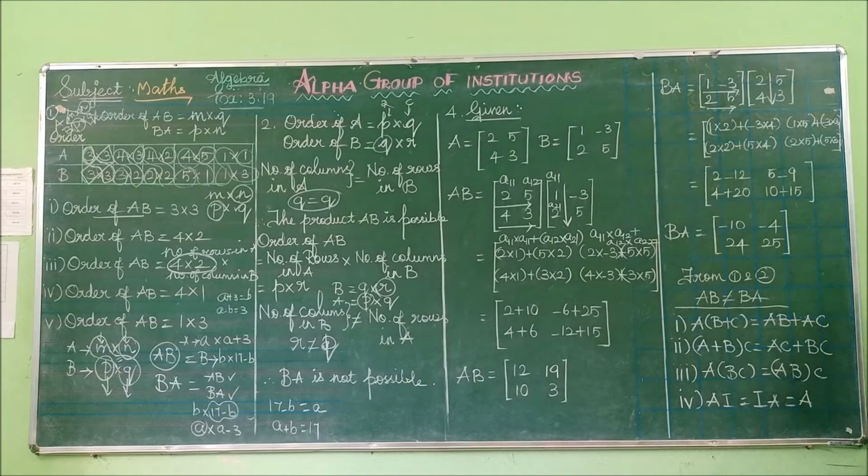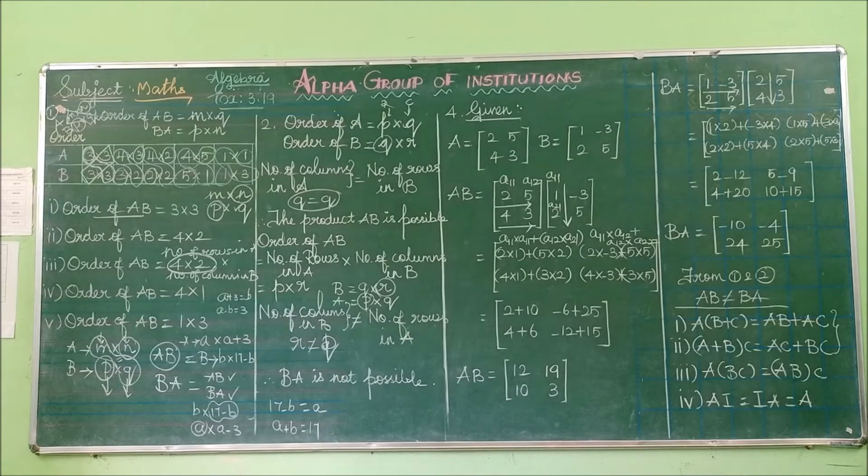Okay. Next, listen to page number 150 in your textbook. Matrix multiplication is distributive over addition. If A, B, C are m cross n, n cross p and n cross p matrices respectively, then A of B plus C is equal to AB plus AC, which is the right distributive property.